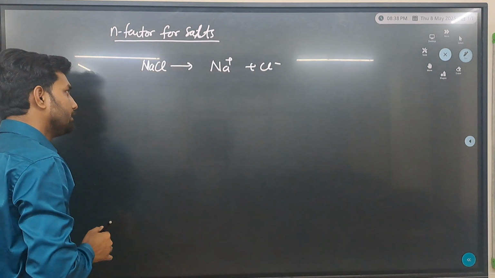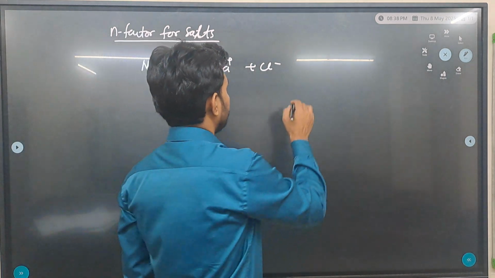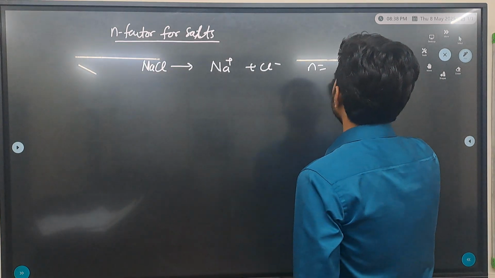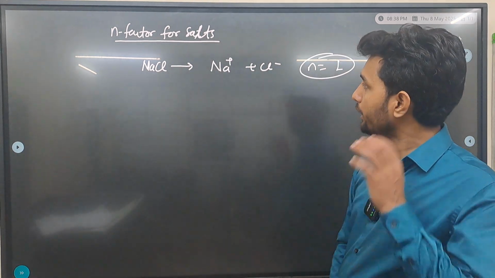Okay. So here the n factor will be 1. How will the n factor be 1?